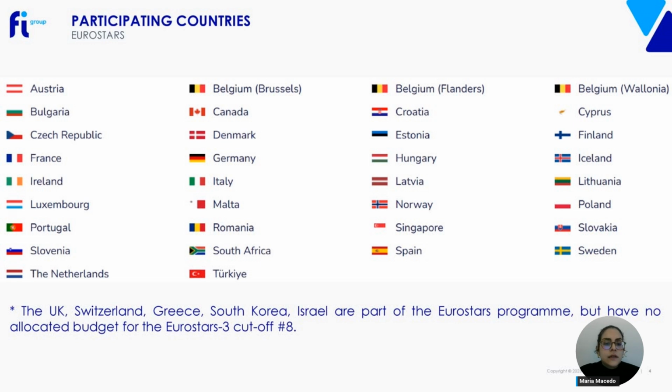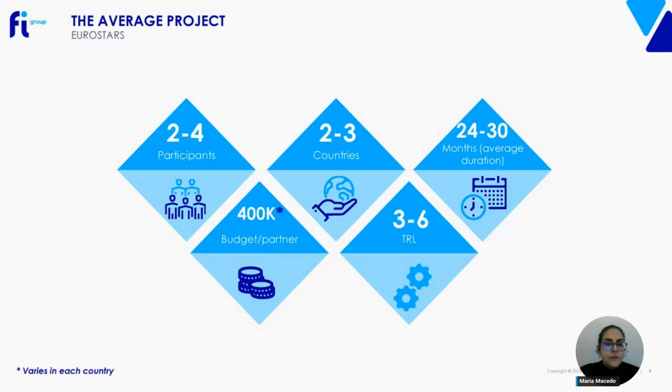Okay. And with this, we can move forward, presenting you an overview of what we can call an average project. It is really important to note that in addition to eligibility, the proposals should have, of course, an innovative solution with potential for commercialization in the short to medium term, of course, depending on the sector.